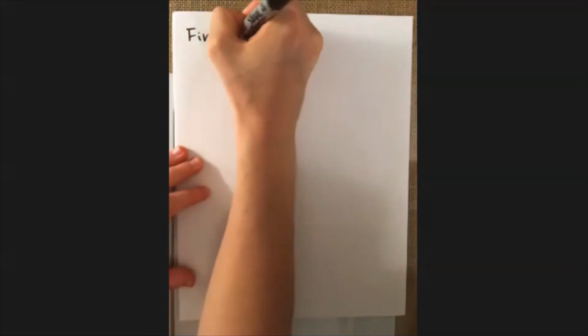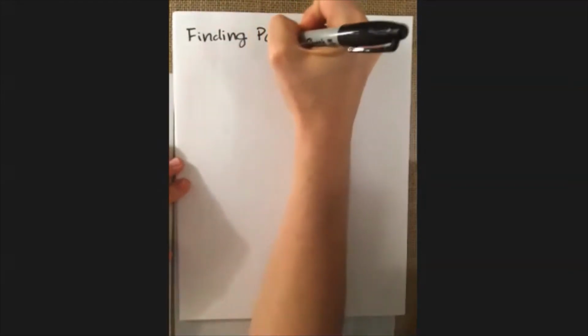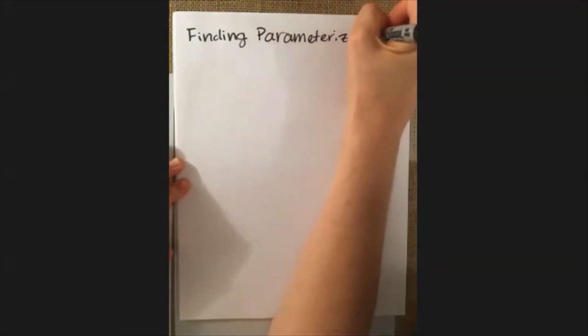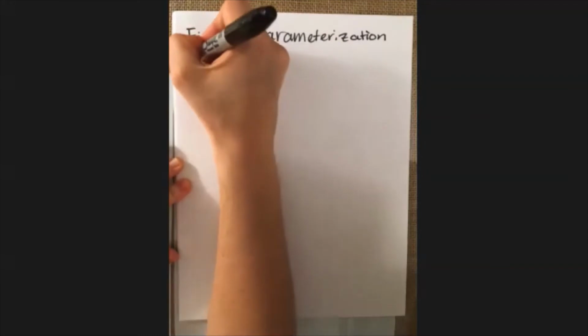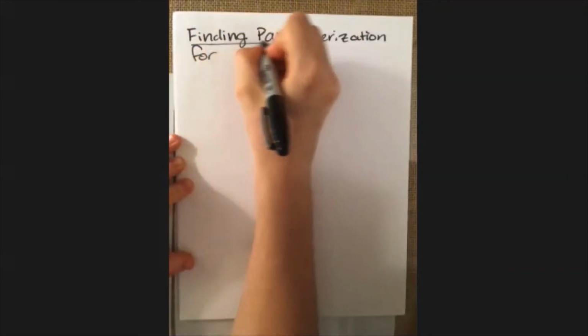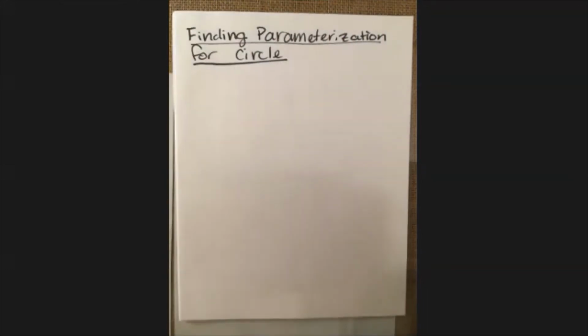Now, some really common examples of working with parameterizations of these functions is to find parameterizations for a circle. So I wanted to work through a couple of examples with that. Okay.